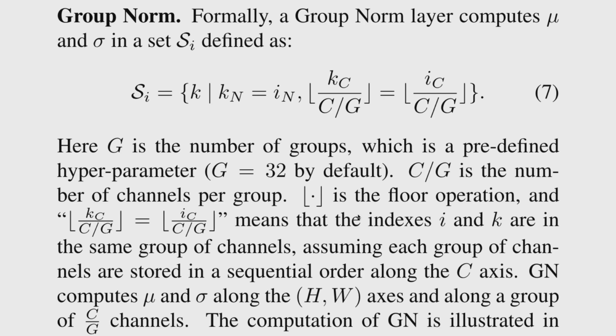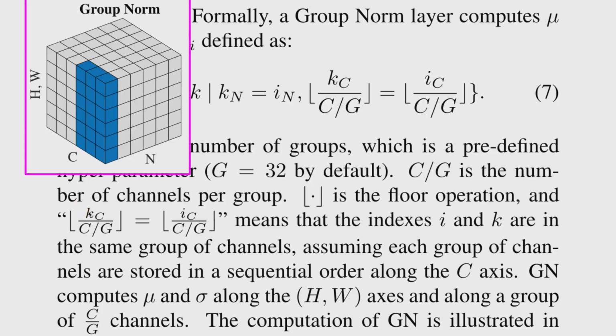What it means is that the indexes I and K are in the same group of channels, assuming each group of channels are stored in a sequential order across the C axis. So our group norm computes mu and sigma along the H and W axes and along a group of C over G channels. So easier to see here.